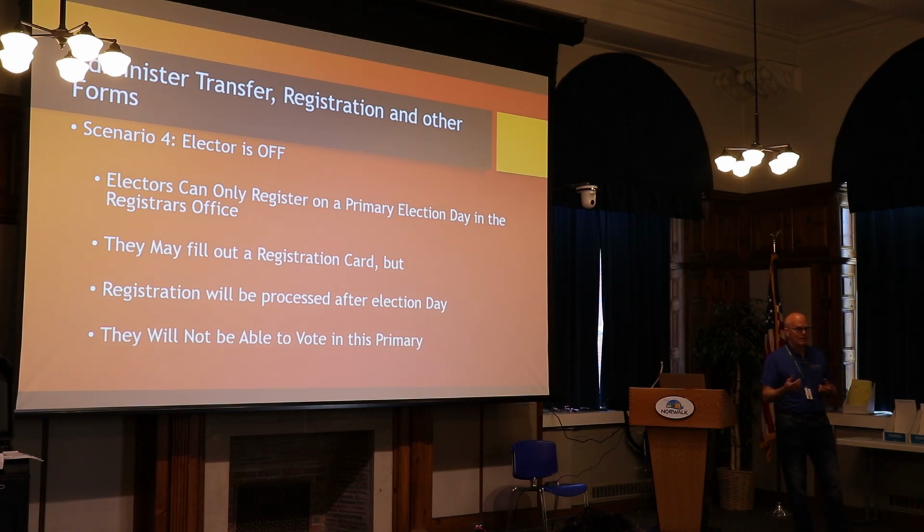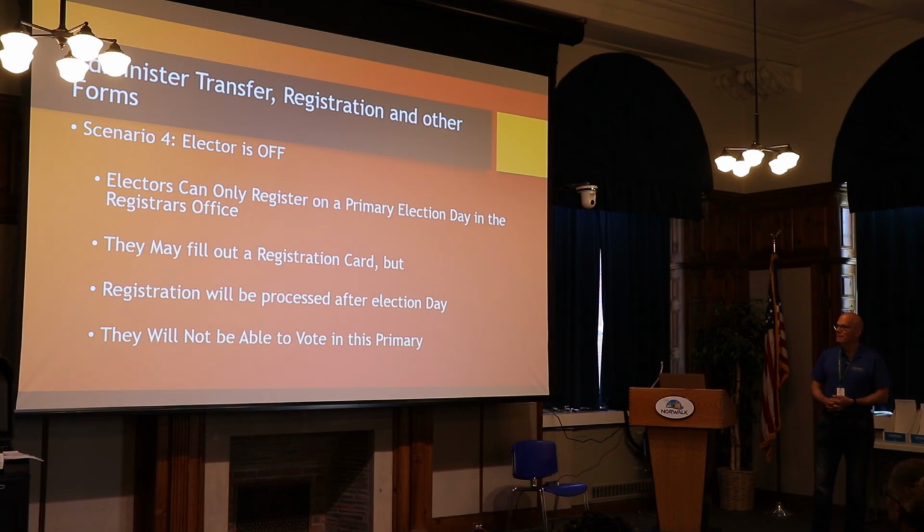There could be a reason in the CVRS you could look up in the notes. It's generally not very easy to read, but the short answer is if they're off, they would need to re-register. Off is like you are no longer registered. You are off the books. It's like you've been archived, kind of, right?